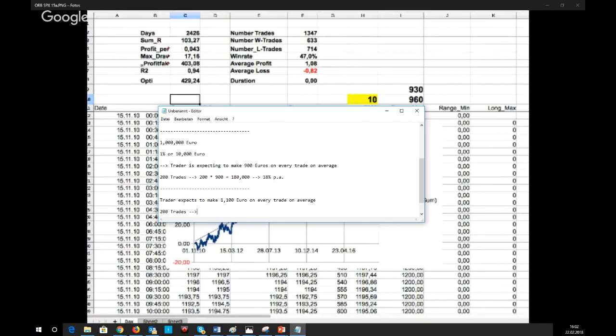We're multiplying those 200 with 1,100, getting 220,000. And voila, we are now making 22% per year. See? And this is why it's so important to focus on the expected value of your trading.